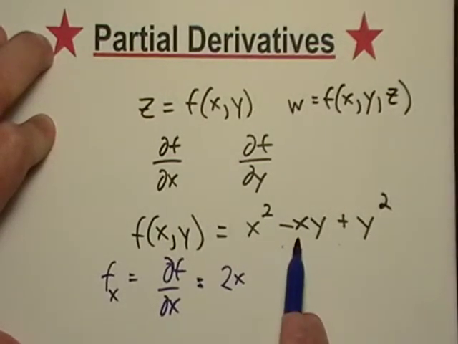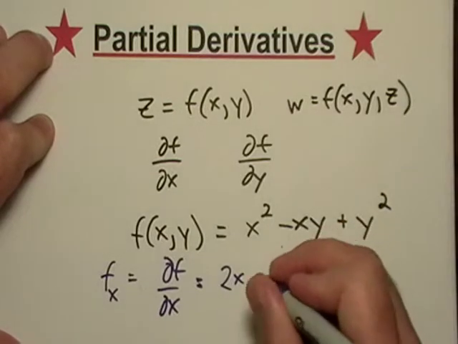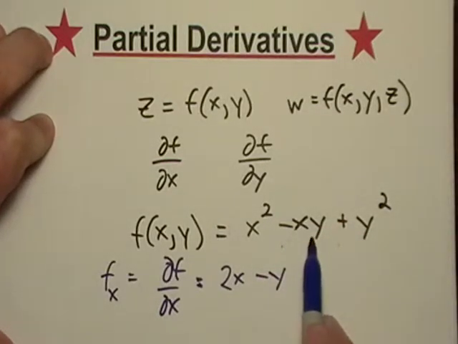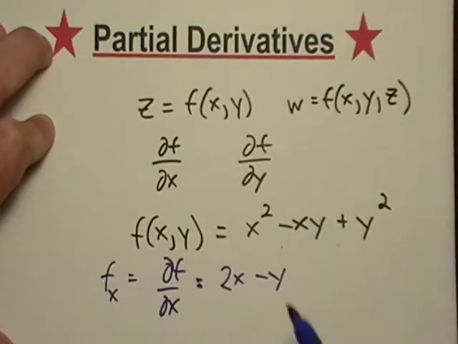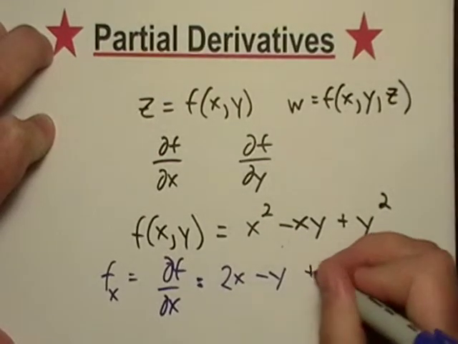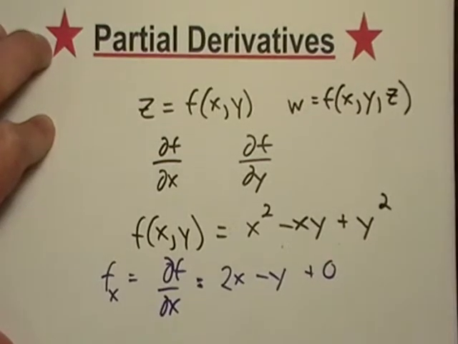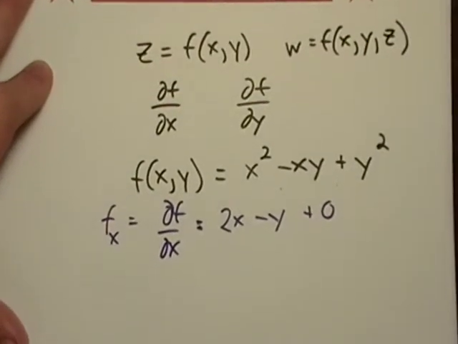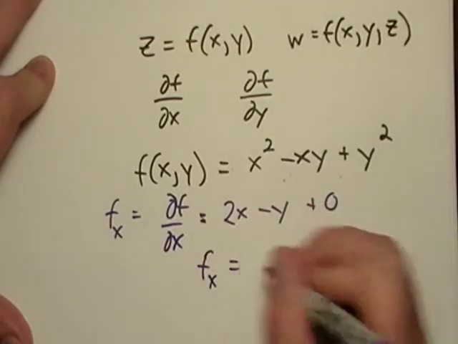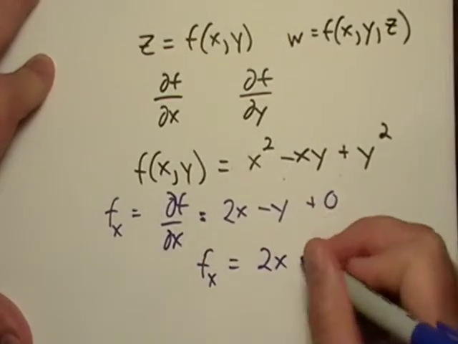In the second one, y is essentially a constant, so the derivative with respect to x is the same as if it was a 2 or a 3. And y squared is completely a constant, just like 4 or something, so that's 0. So in our case, the partial with respect to x is 2x minus y.